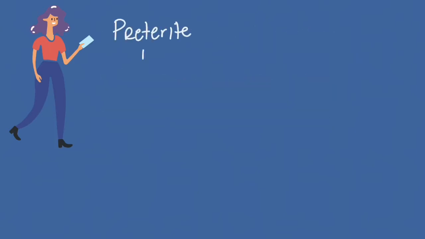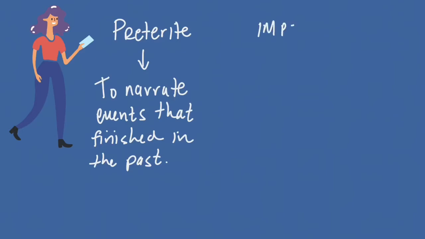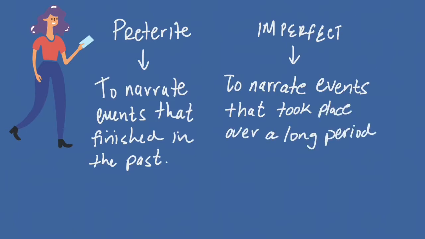I know that many of you are familiar with the preterite, and the way you were taught is that we use it to narrate events that finished in the past. And the imperfect, we use it to narrate events that took place over a long period of time.